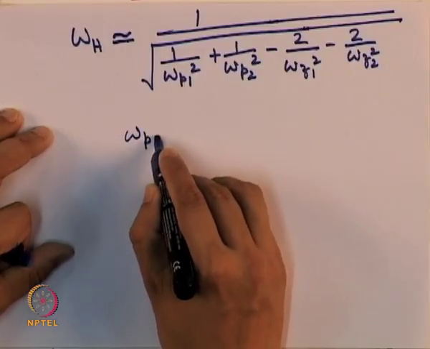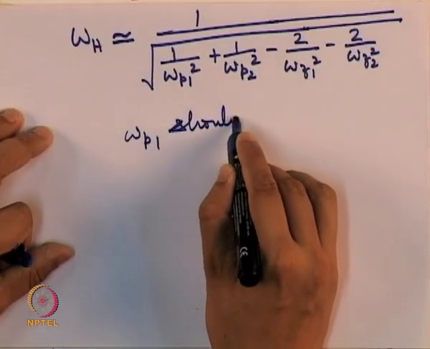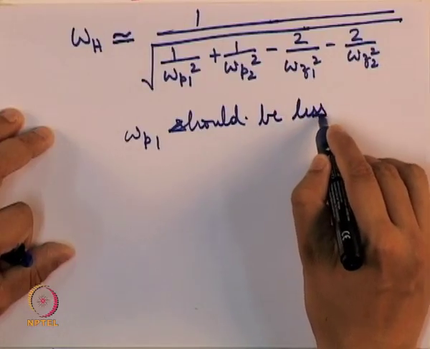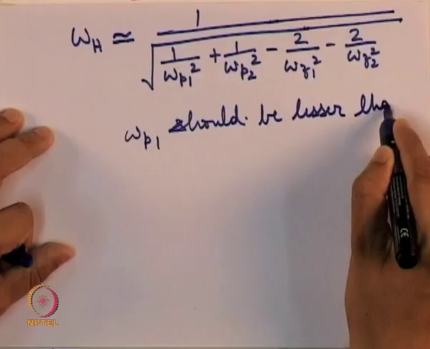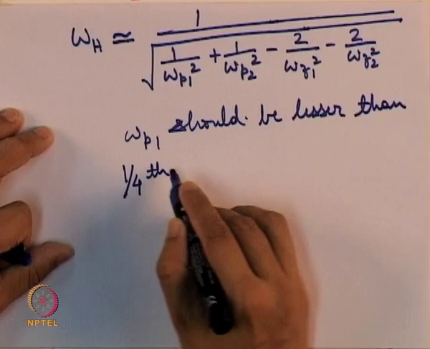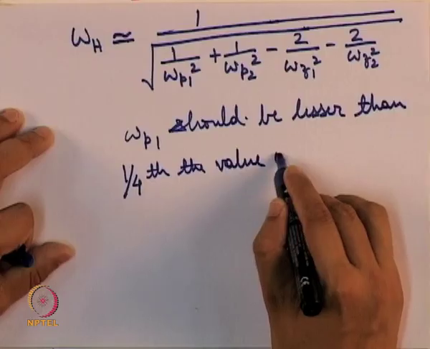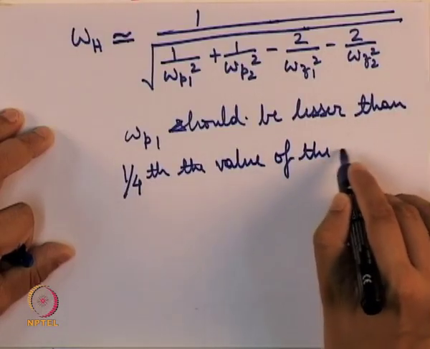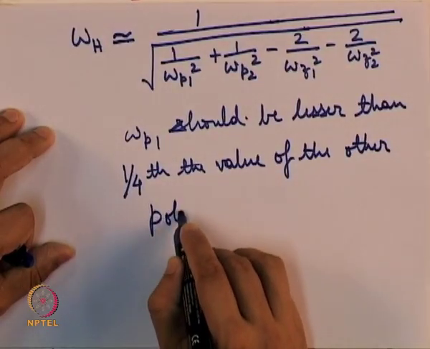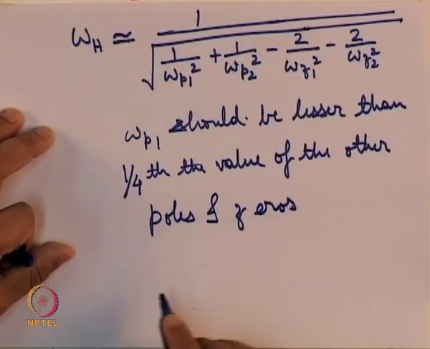Here, the dominant pole should be lesser than 1/4 the value of the other poles and zeros.